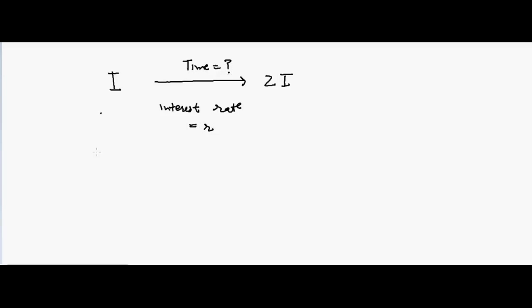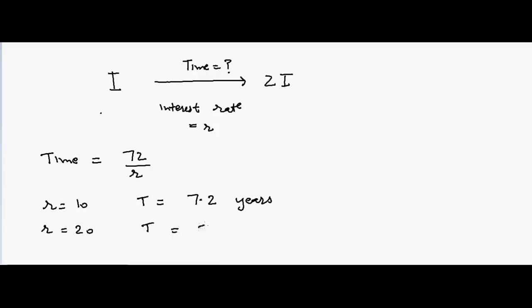There are certain ways to calculate this, but if you use this trick, the approximate time can be calculated very easily, and the time will be equal to 72 divided by R. For example, if the rate is 10, then the time will be equal to 7.2 years. If the rate is 20, then the time will be equal to 3.6 years.